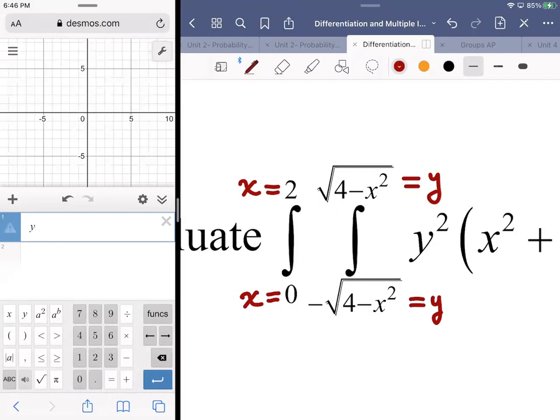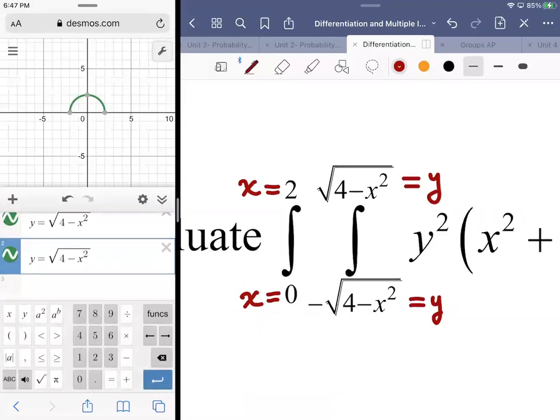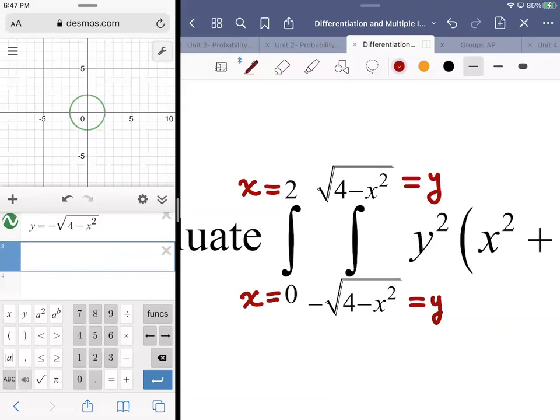So I'll type in y equals the square root of 4 minus x squared. It's the top half of a circle with the bottom half coming from the other expression. So in polar form, that's going to equate to a circle with a radius of 2, so just r equals 2, which is nice. You can also pop in x equals 0, x equals 2.